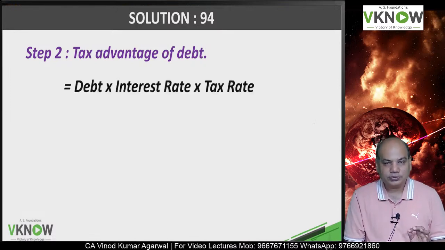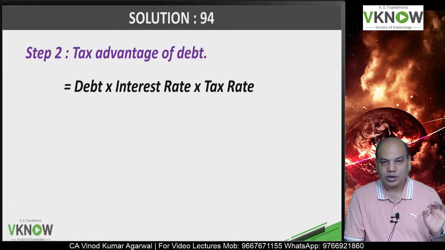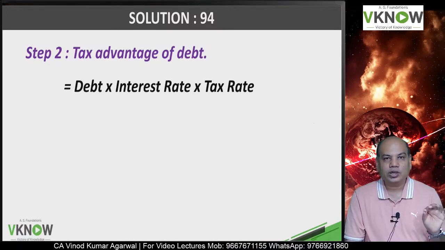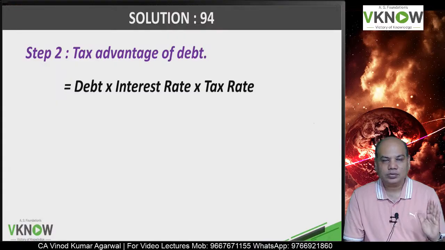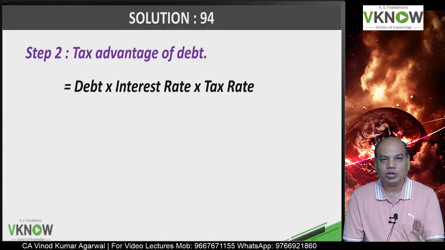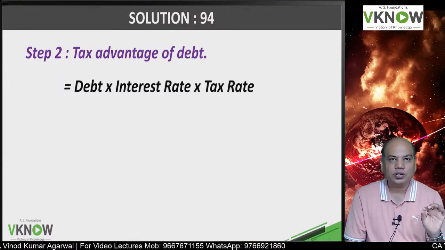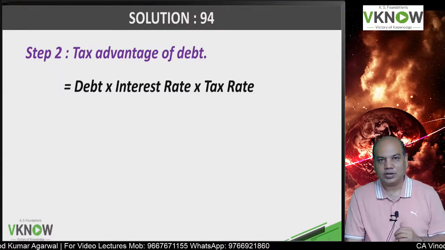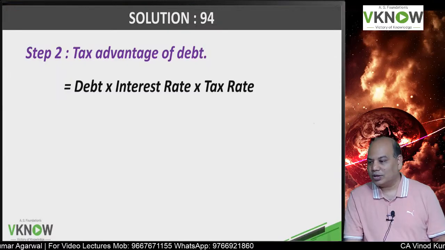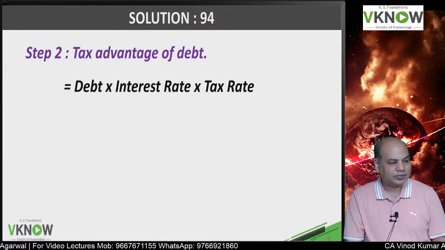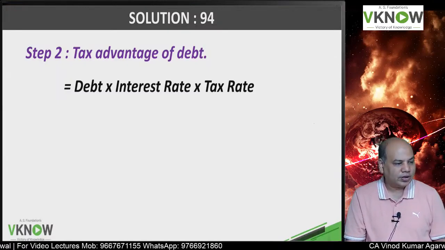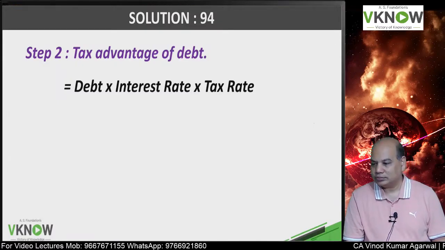In this problem, the loan will be paid after 5 years, so the interest amount will be constant for 5 years. So please write debt into interest rate into tax rate.